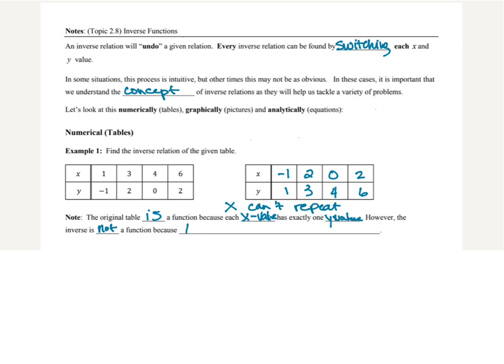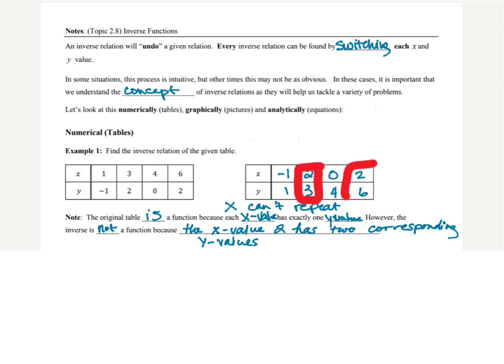The x value 2 has 2 corresponding output values, or y values. So right here's our trouble. When we see 2 comma 3 and 2 comma 6, that's why it's not a function.